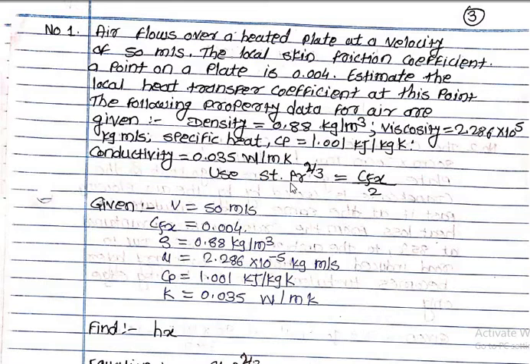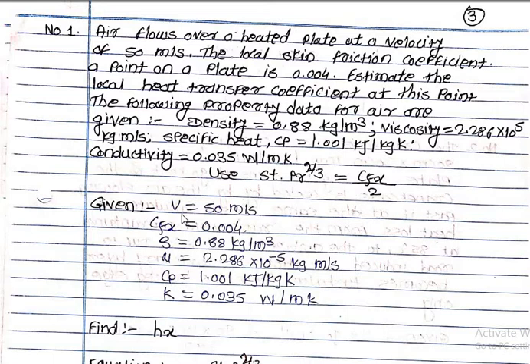Use Stanton number multiplied by Prandtl number raised to 2/3 is equal to C_fx divided by 2. St is nothing but Stanton number, Pr is nothing but Prandtl number, C_fx is nothing but the local skin friction coefficient.